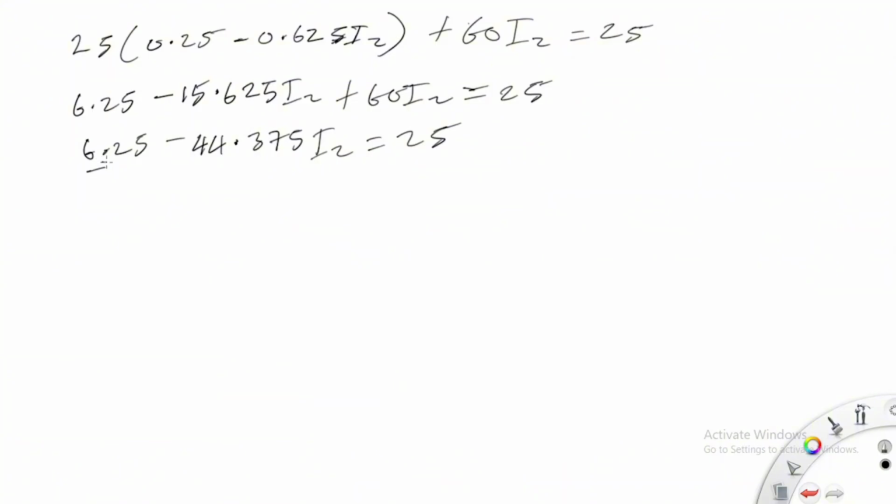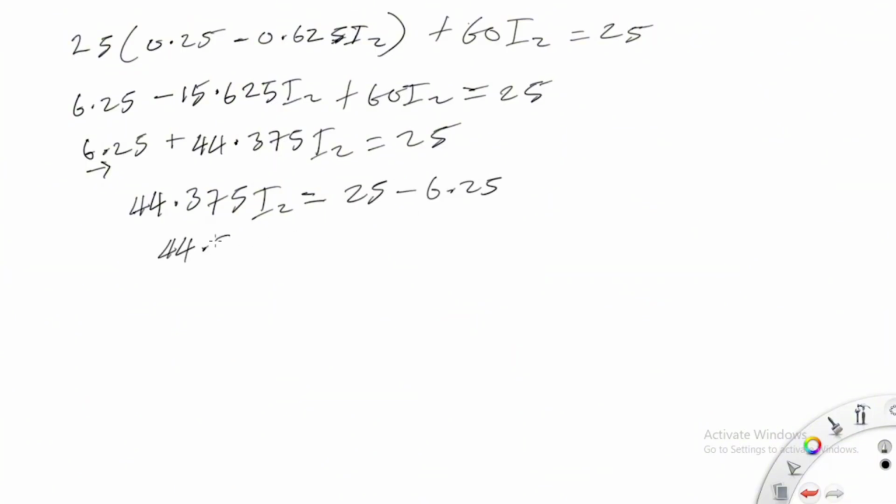Let's now take this to the other side. This will be positive because when you move it across, it changes sign. This will be 44.375 I2 is equal to 25 minus 6.25.